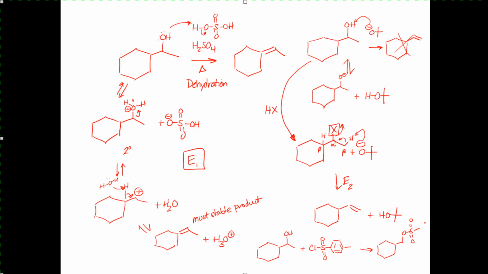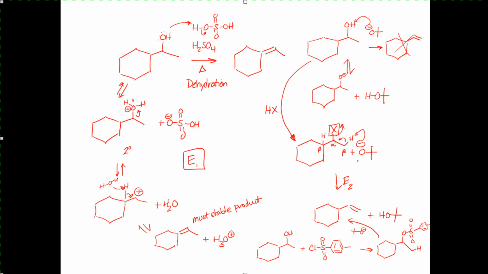Okay, now I'm running out of space. And now what do I have? Now I've got a leaving group just like this halogen. So if I want to make this product, what do I do? Now I can just treat this with tert-butoxide, and it will remove the least substituted hydrogen.